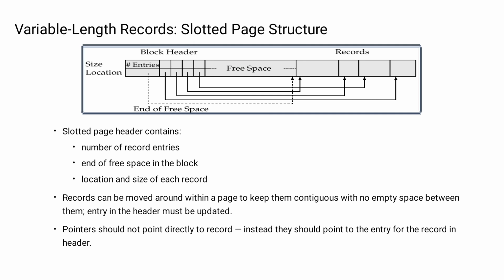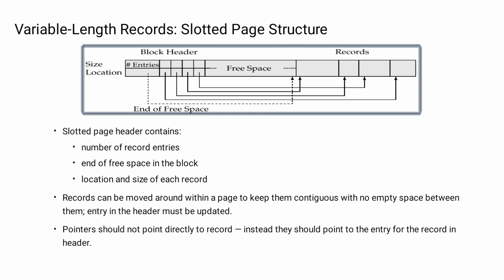This modified form of byte string representation is called a slotted page structure. It is commonly used for organizing records within a single block. This figure shows the slotted page structure.